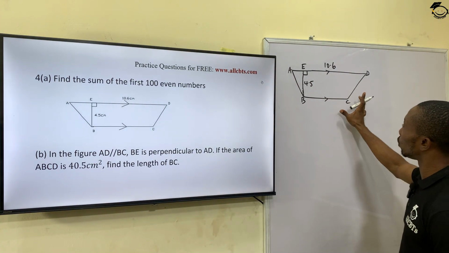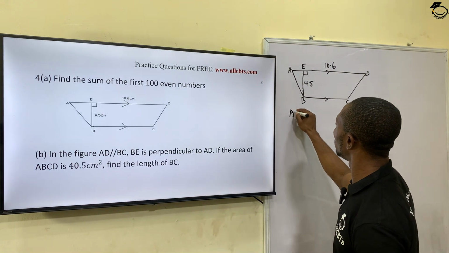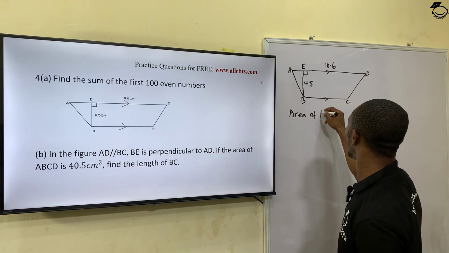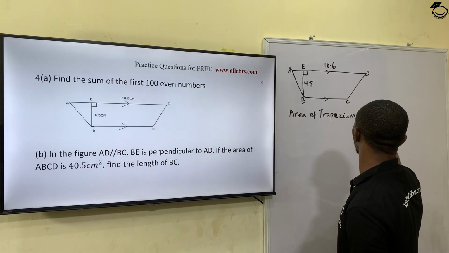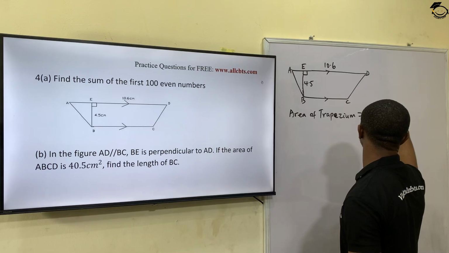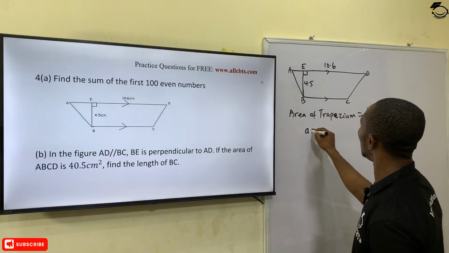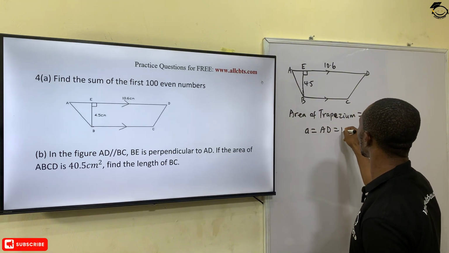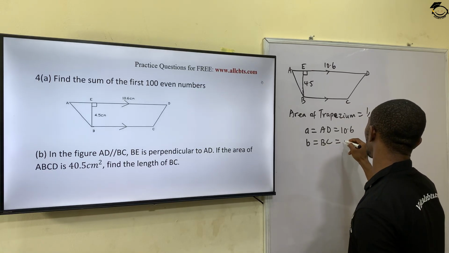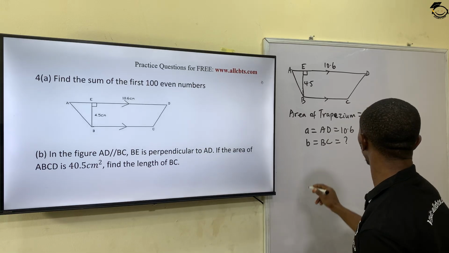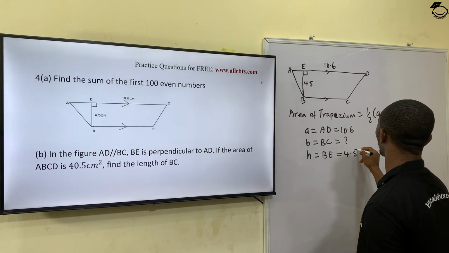From this, we know that this shape is a trapezium. So the area of a trapezium would give us half bracket A plus B times H. In this case, our A is AD, which is 10.6, and our B is BC, which is unknown. Then our H is BE, which is 4.5.